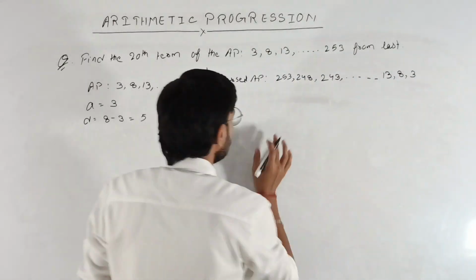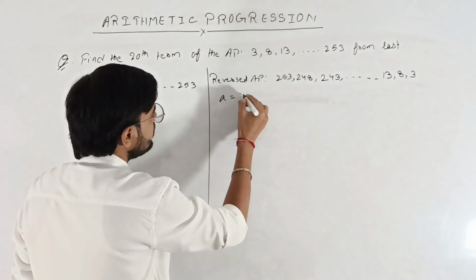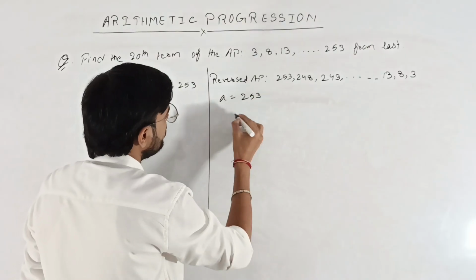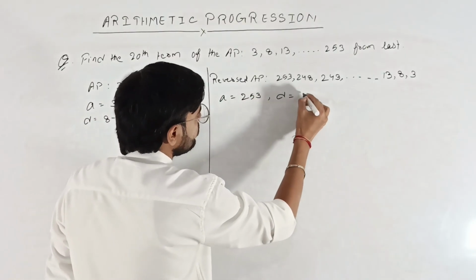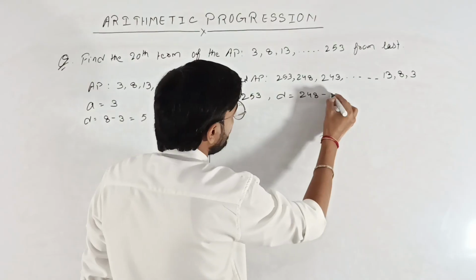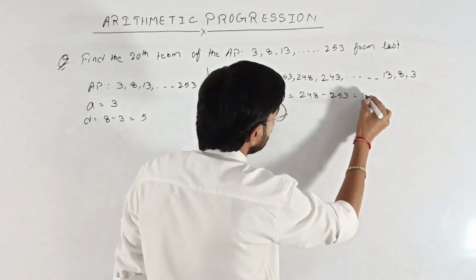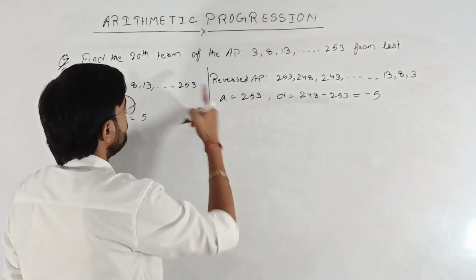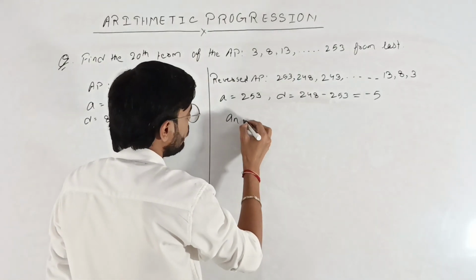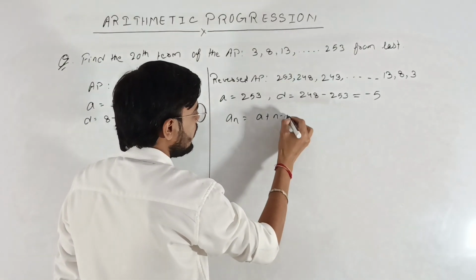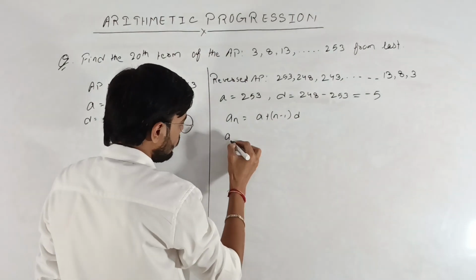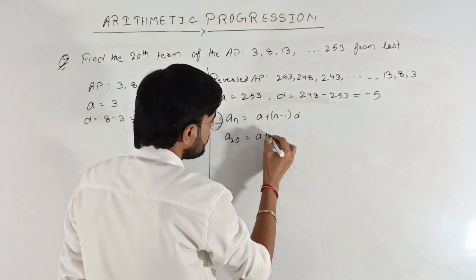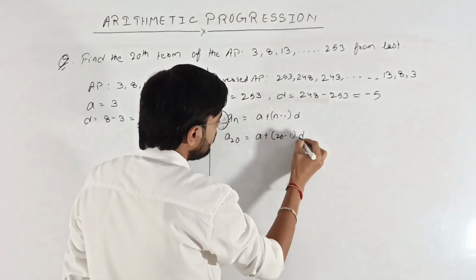For this AP, a is 253, and d is 248 minus 253, which is equal to minus 5. Now we have to find the 20th term. So an is a plus (n minus 1) into d, so a20 is a plus (20 minus 1) into d.